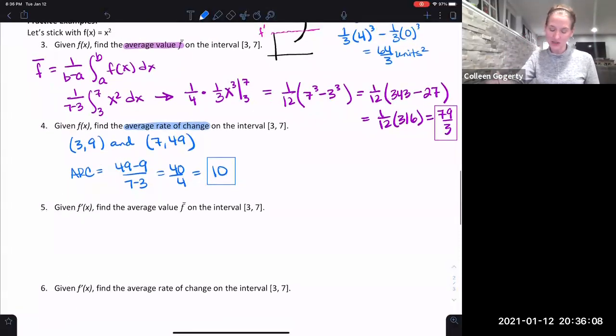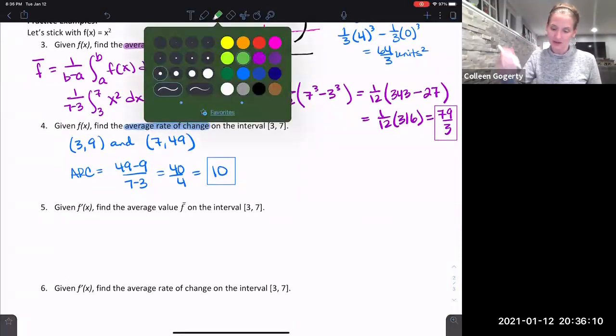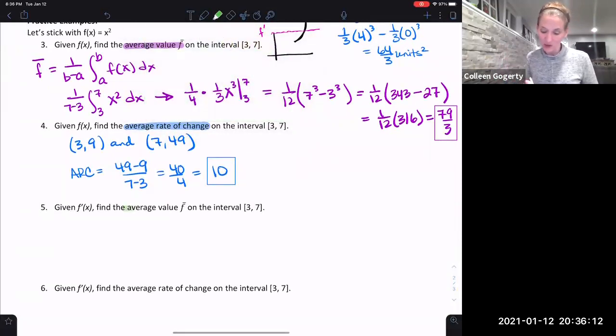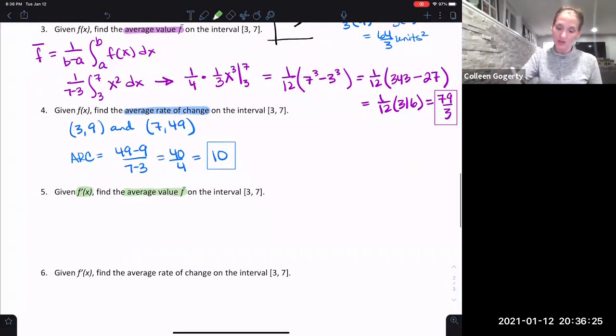All right, next question. We have average value again. Let's make sure we pay attention to that, but something changed. Look at that little tiny thing. It's asking you for the average value of the derivative on 3 to 7. So first thing I need to do is find the derivative. If f of x is x squared, then f prime of x is going to give me 2x.